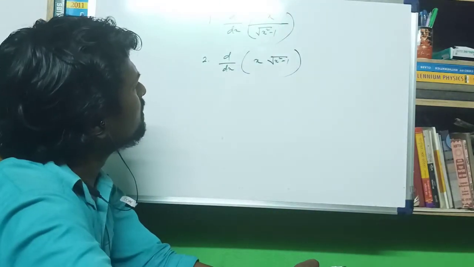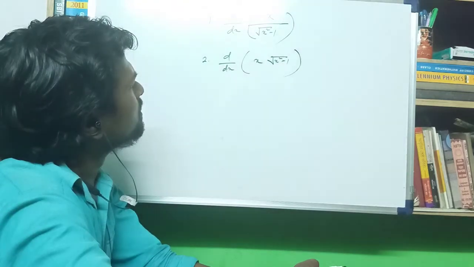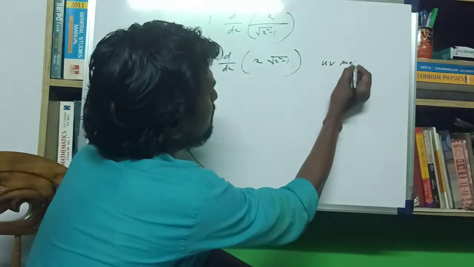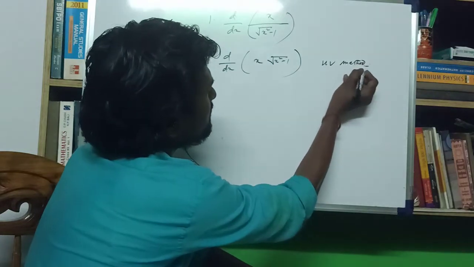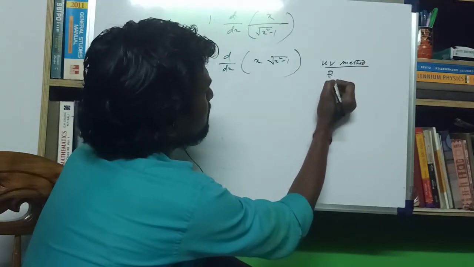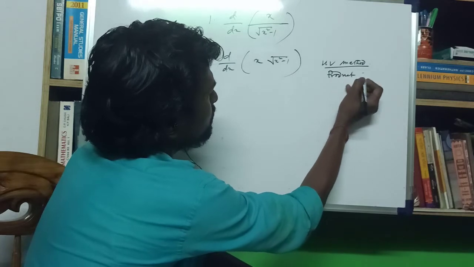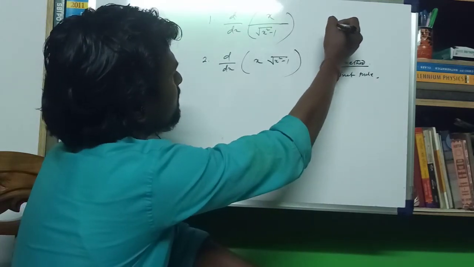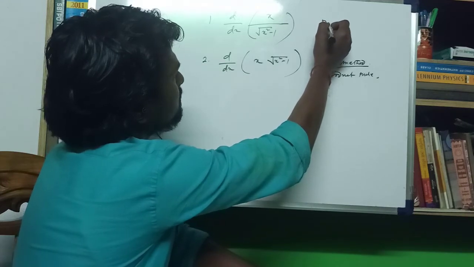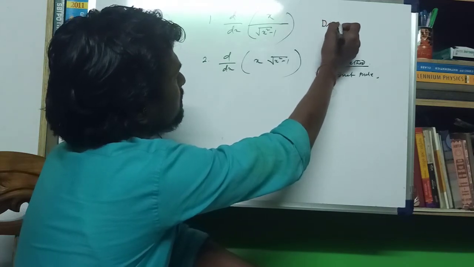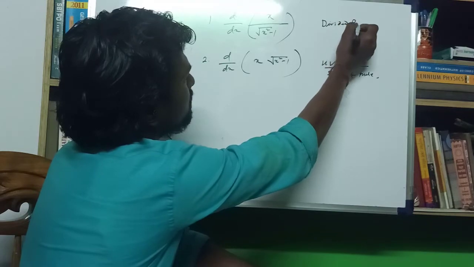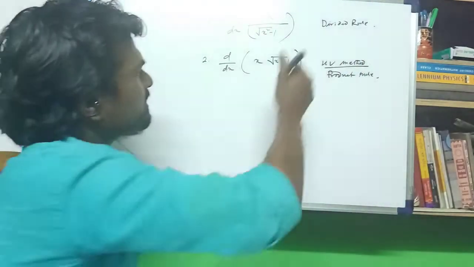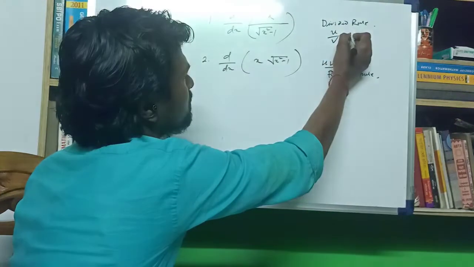So you cannot apply the uv method, which means the product rule. It is the divided rule, so it is the u by v method.